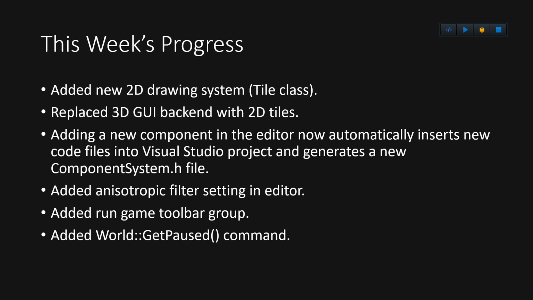You had to add the CPP file into your Visual Studio project by hand. Optionally, you could add the component header file also into your Visual Studio project. And you also had to edit your component system.h file. You had to include the new component header file, and you had to add a call to register the component with your components class.